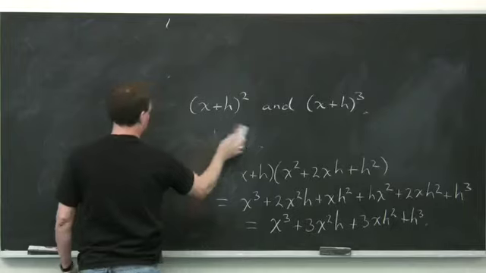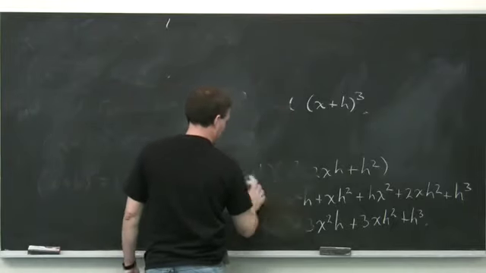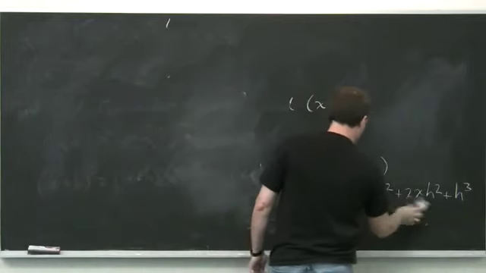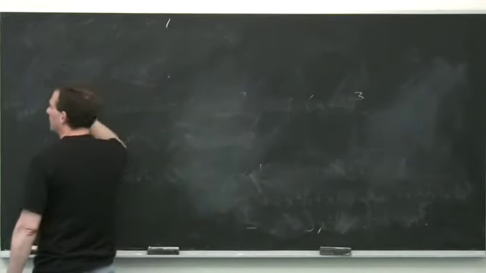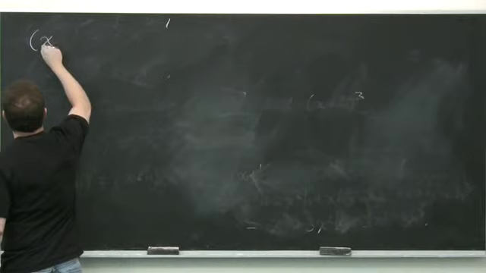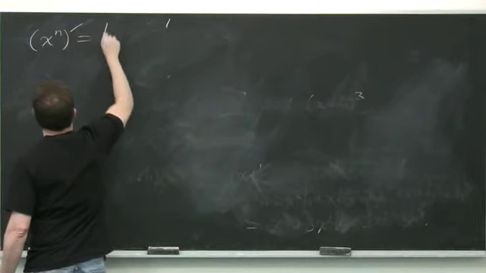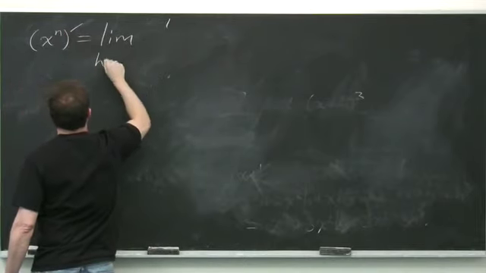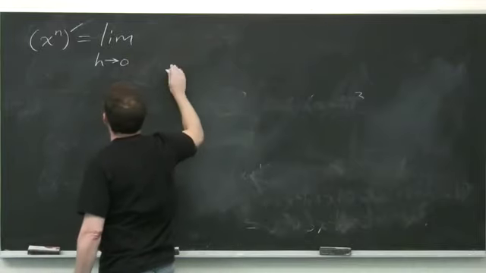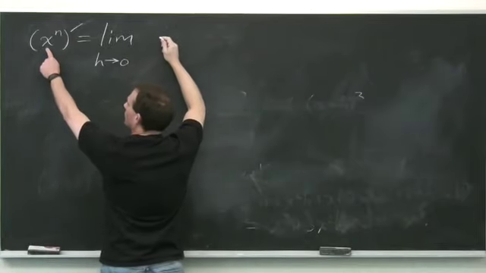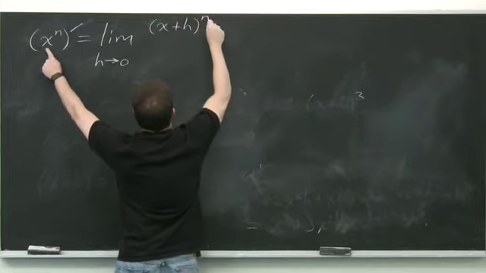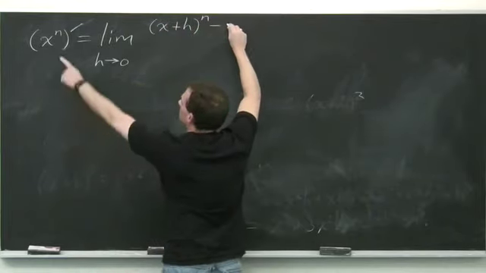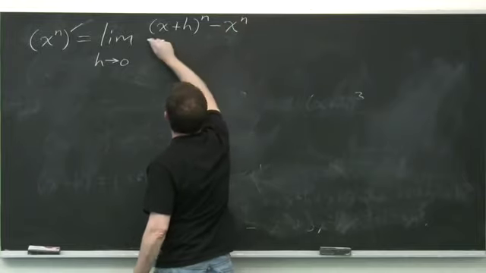The derivative is the instantaneous rate of change. It's the limit of the average rates of change. It is that limit. So, what is the derivative of x to the n? It is the limit as h approaches 0 of this with the x replaced by x plus h to the n minus that x to the n all divided by h.